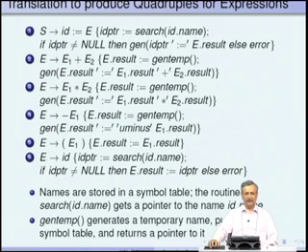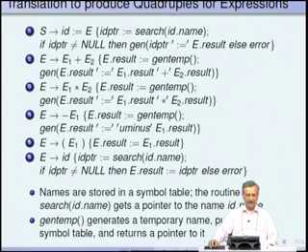So, E dot result is the place where the result of the arithmetic expression is going to be placed. This E dot result is also a pointer into the symbol table. It is not that it is a machine location. The machine location will come later and it will be assigned during the machine code generation phase. So, if the name is not present in the symbol table, obviously it is an error.